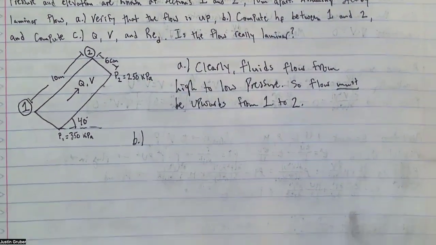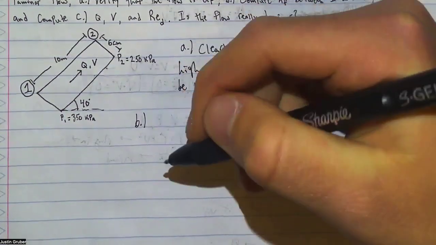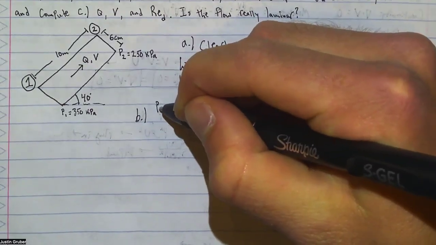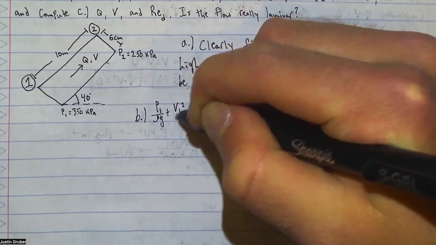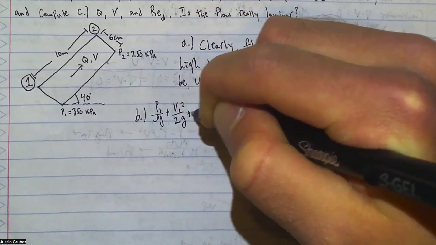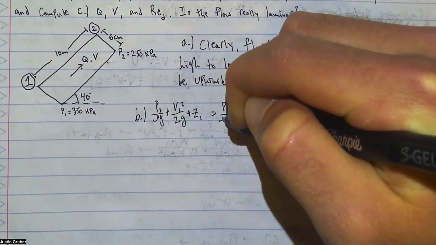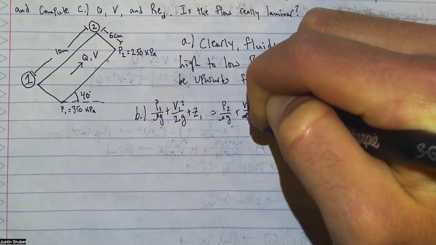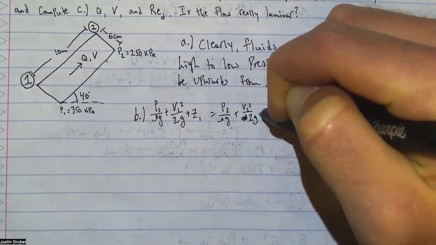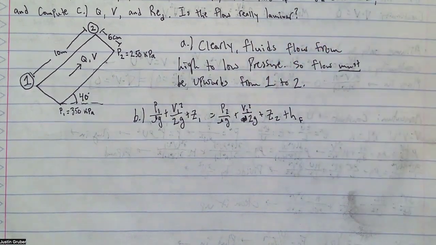All right, now for part B. This is the head loss version of the equation I was just talking about. Like I said, it's spooky similar to Bernoulli's equation. It's P1 over rho g plus V1 squared over 2g plus Z1 equals P2 over rho g plus V2 squared over 2g plus Z2 plus HF, where HF is the head loss term.